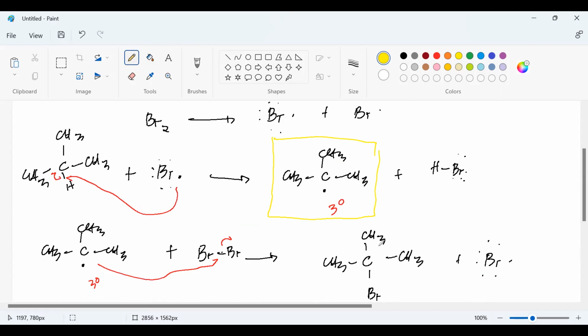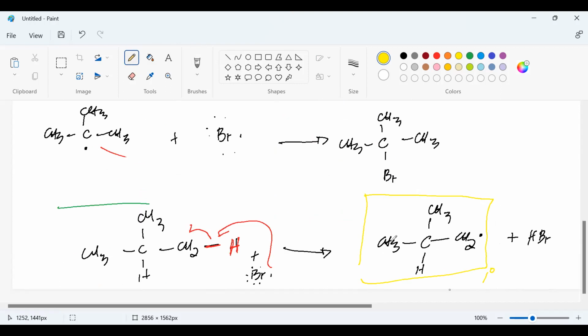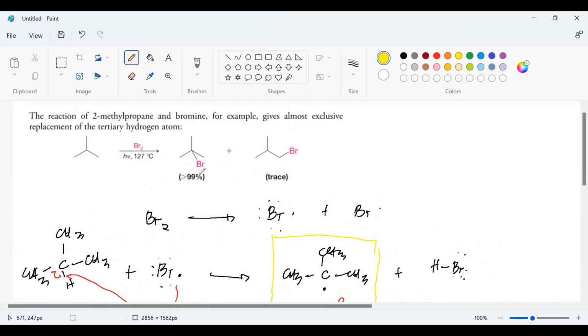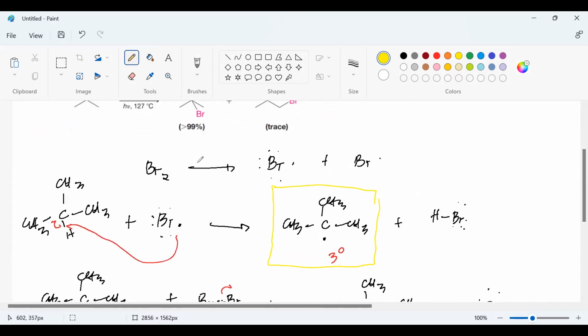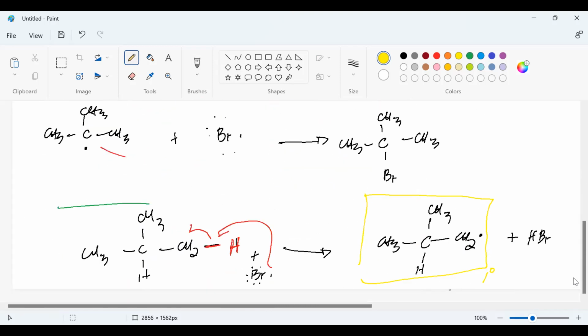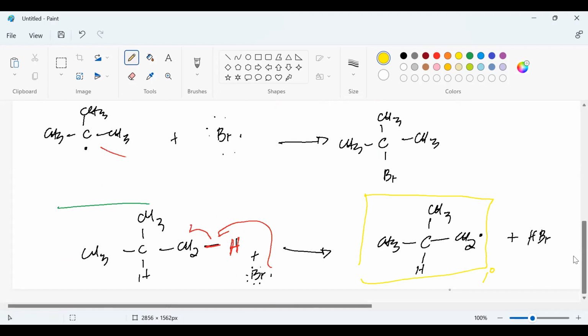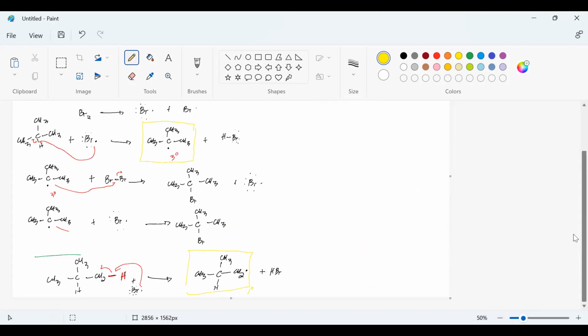So between the 3-degree and 1-degree radical, the 3-degree radical is much more stable, and that is the reason we obtain a greater proportion, a greater yield, for a tertiary alkyl halide. Okay, I hope you were able to follow. So if you get confused, you always have to go back to the mechanism, and of course the end product of this is your next.